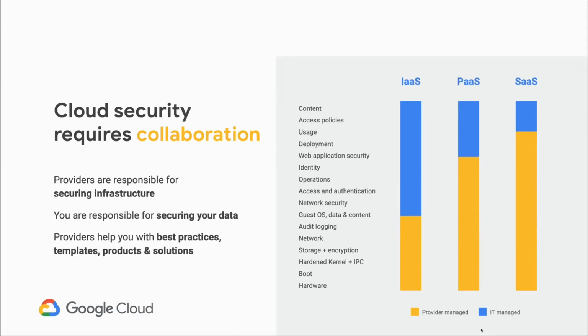We need to work together to secure the infrastructure in the cloud and the data of the cloud. We have teams to help our customers with a portion of that responsibility. We provide best practices, templates, products, and solutions. And part of what I want to talk about today is what are those tools and controls that we can give you to help you secure your data and workloads.